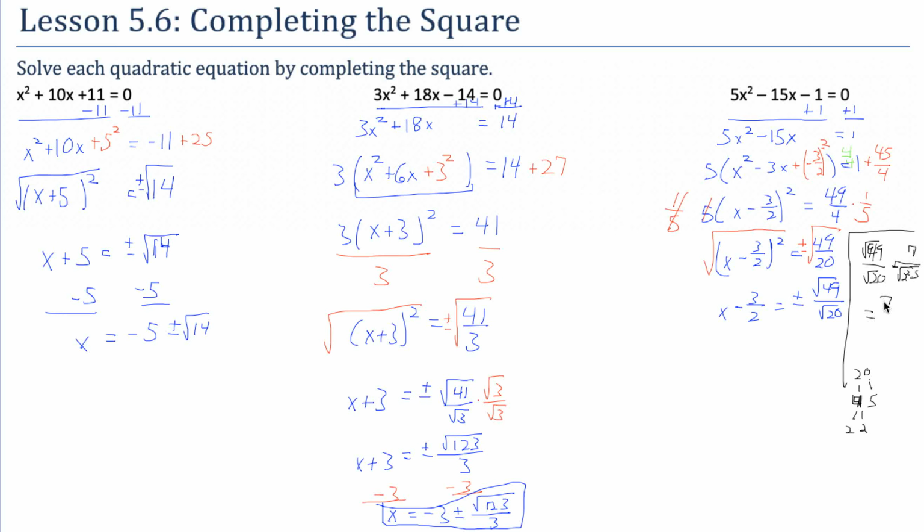So this is 7. The square root of 2 squared is just 2. The square root of 5 is still just the square root of 5. We can't leave a square root of 5 down there, so we multiply top and bottom by the square root of 5.